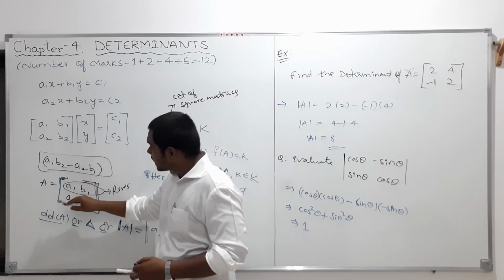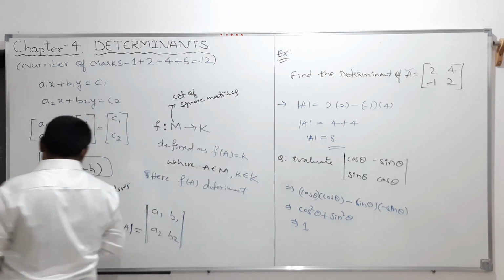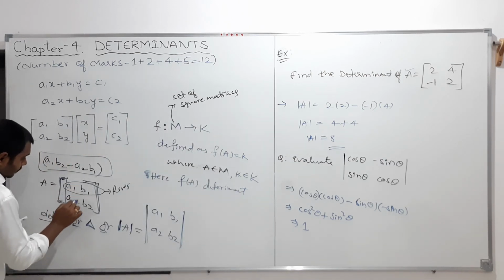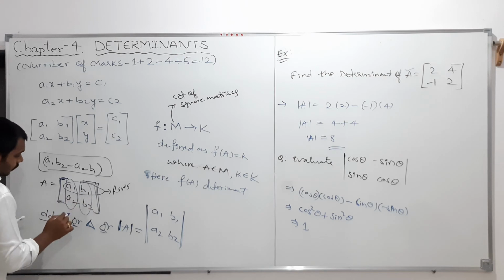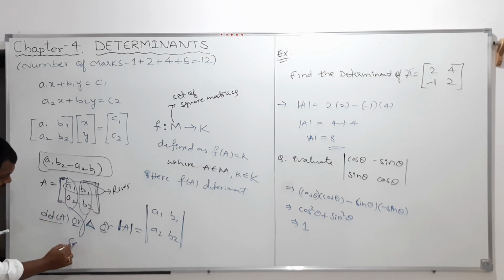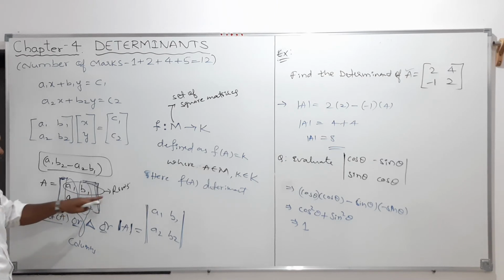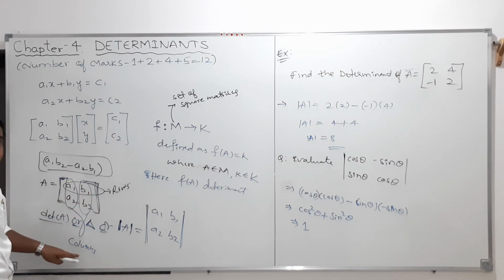And the vertical line indicates columns. Clear? This horizontal indicates rows and this vertical indicates columns.